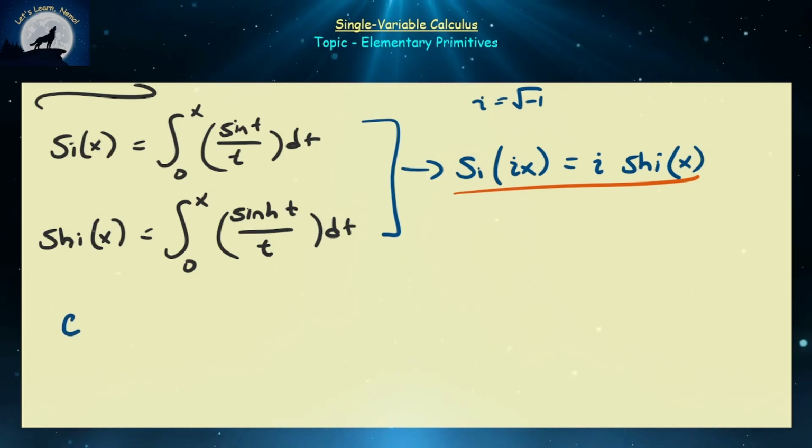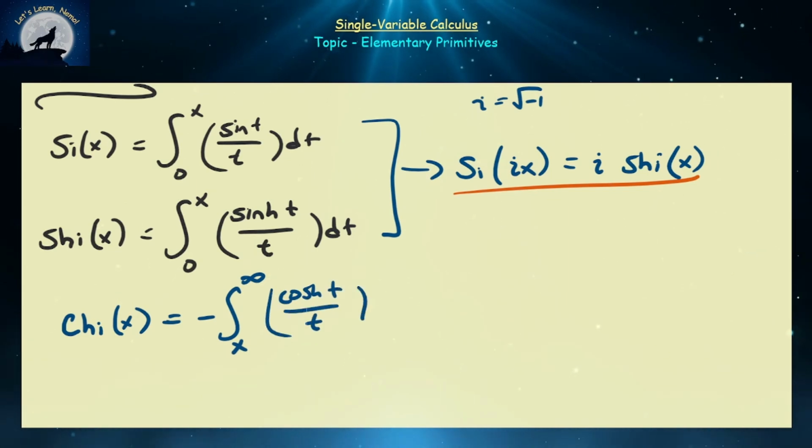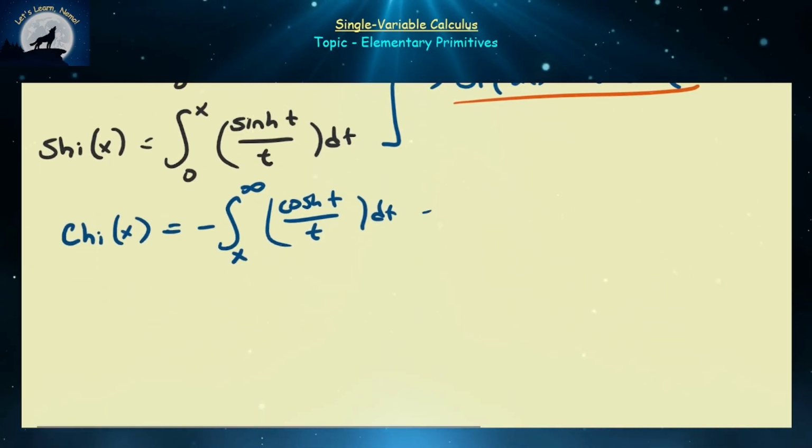And then we have the hyperbolic cosine integral of x, which some people will define as minus the integral from x to infinity of the hyperbolic cosine of t over t dt. And again, there is a cosine integral, but I don't want to bring that up right now. And there is another way of representing this function, but I'll bring that up a little bit later.